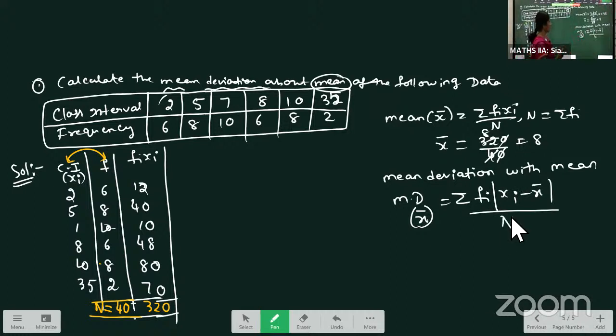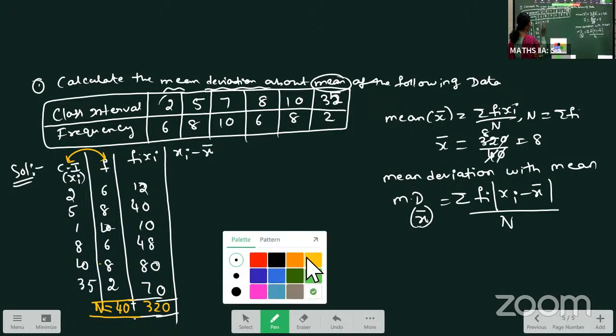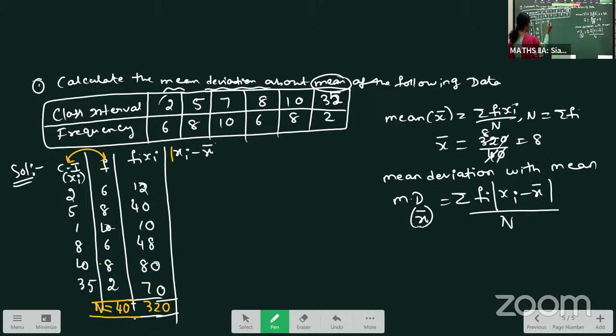The next column, xi minus x bar. Xi means observation and x bar means mean. So immediately take xi minus x bar, with the mod. This modulus value we have to find.